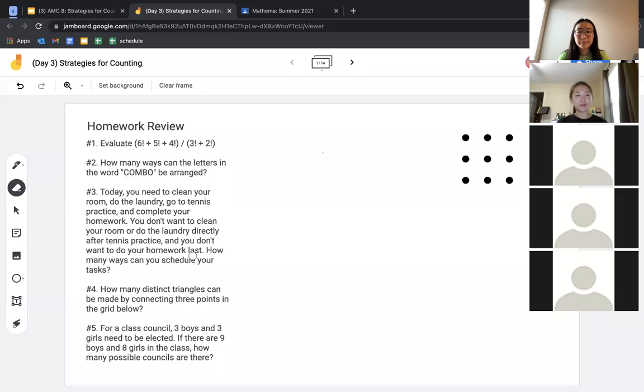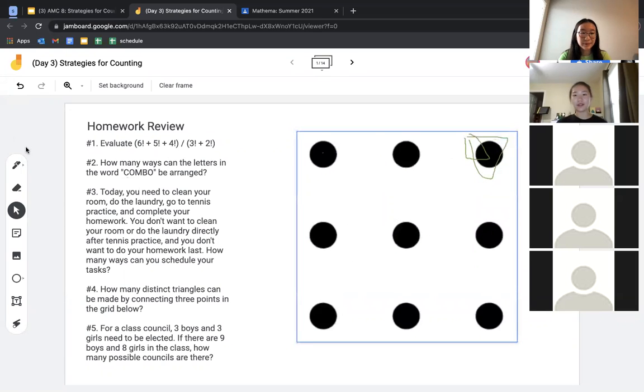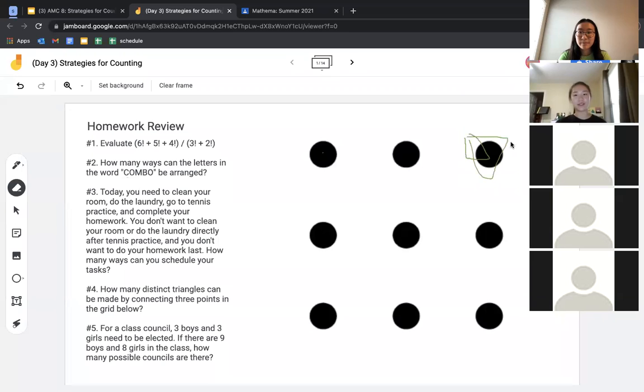So if you first try to actually count each of the triangles, like 1, 2, like that, it's going to be really hard, and you're probably going to end up spending a lot of time on this question. So what you do instead is, you know that in order to make a triangle, you need to have 3 points, right?